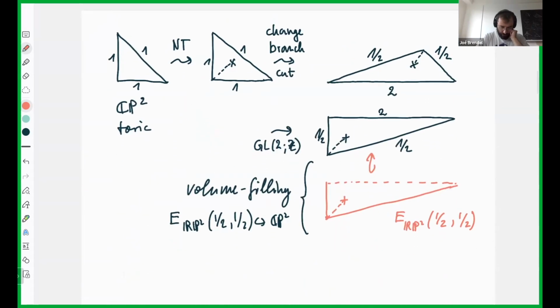For this, we need to do some base diagram calculus, let's say. And we start on the upper left here with the usual toric picture of CP2, and then perform what's called a nodal trade. So NT stands for nodal trade.